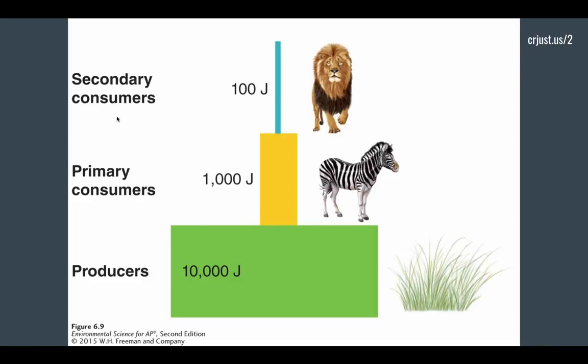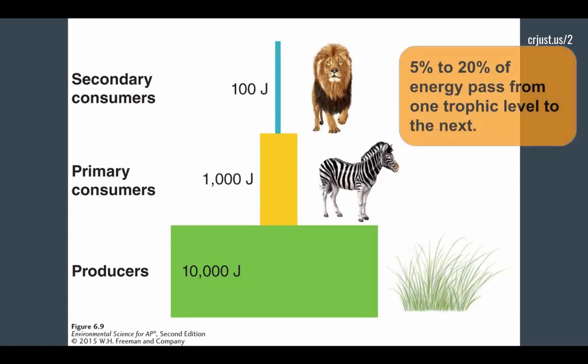This is called a trophic pyramid, and the trophic pyramid is usually used to describe the amount of energy that is transferred from the producer level upwards to the primary consumers and to the secondary consumers. About 5 to 20% of that energy is passed from one trophic level to the next. You might be thinking, where'd the rest of it go?